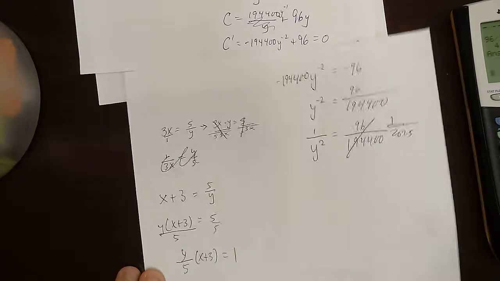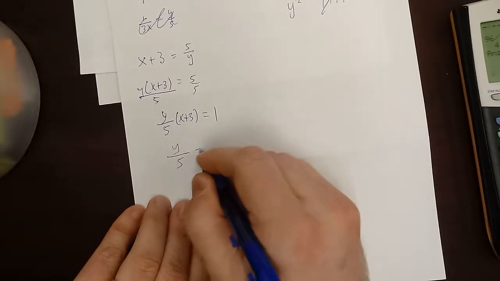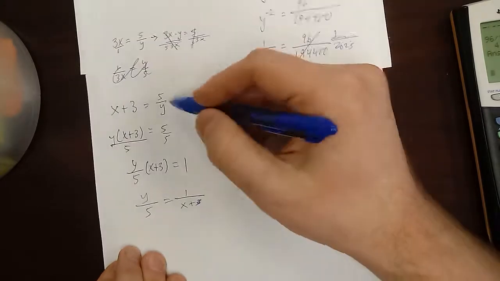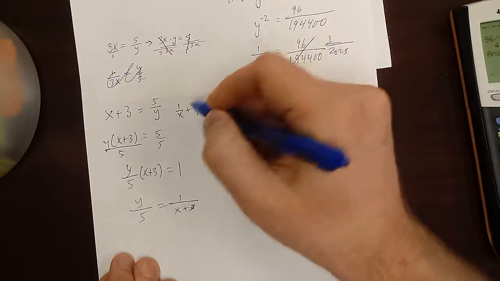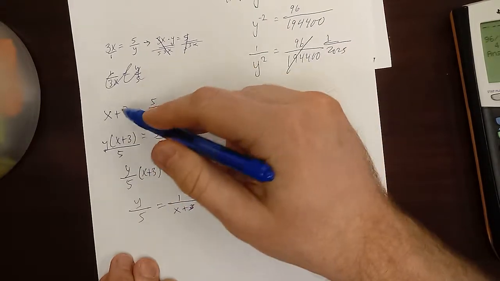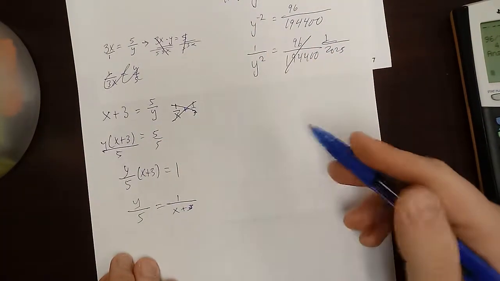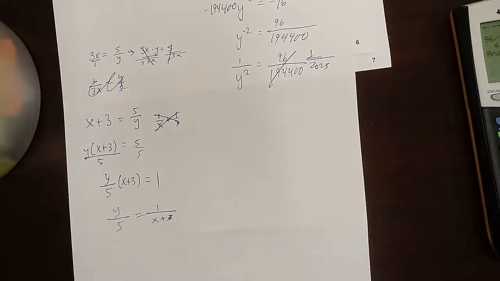But when I divide both sides by x plus 3, I get y over 5 is equal to 1 over x plus 3. The error people make is they go 1 over x plus 1 over 3, and that's not this flipped. That's each of them flipped individually. I think that's one reason why people don't take the reciprocal of both sides more often.